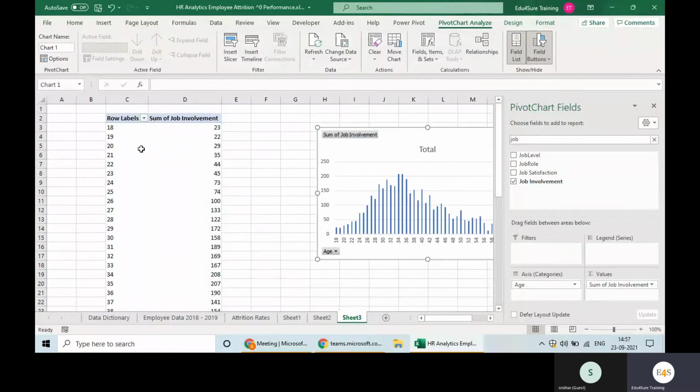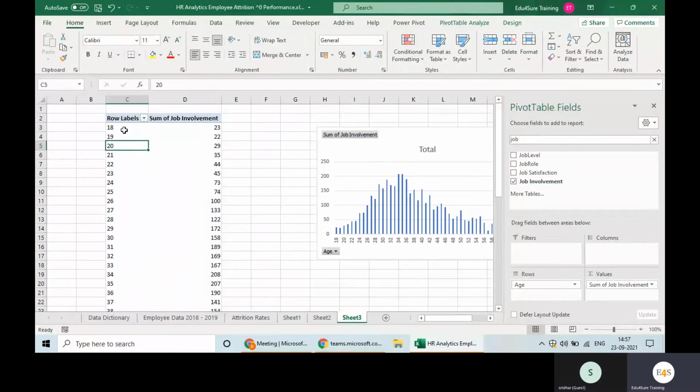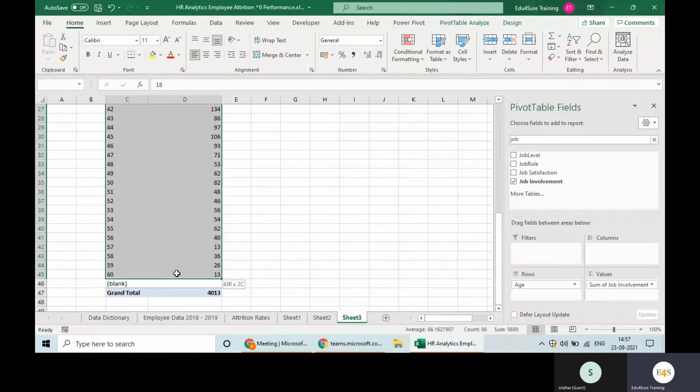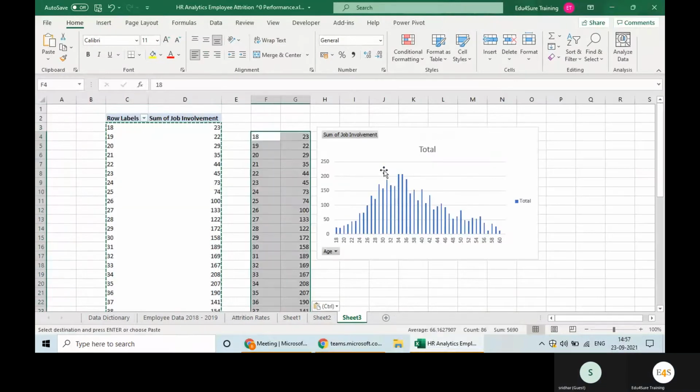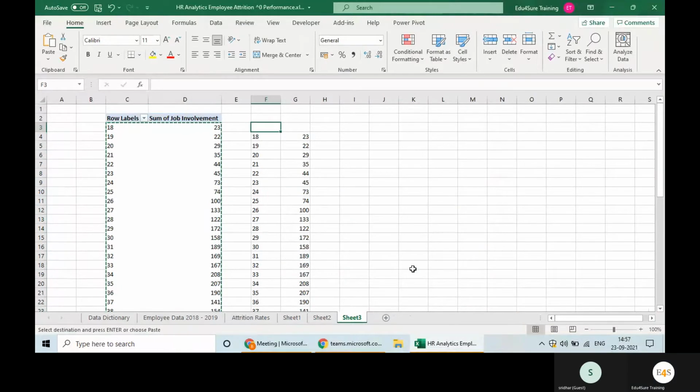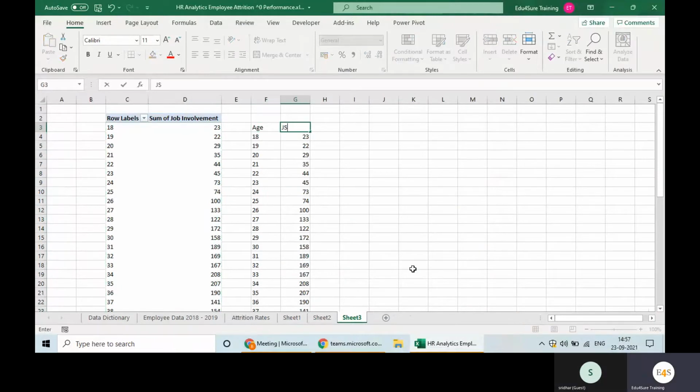So what will we do? Basically, we have to bring that data out of the pivot table. Age, job satisfaction, job involvement.